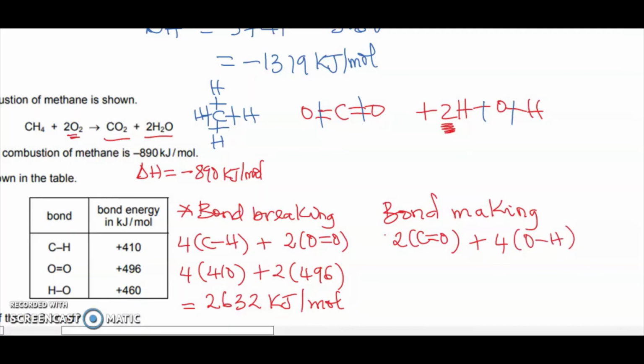So let's substitute the values. What do we have here now? We have 2 multiplied by the CO bond. But this is what we are looking for, we don't know the value. Plus 4 times OH bond. We know the value for OH bond, that is 460.